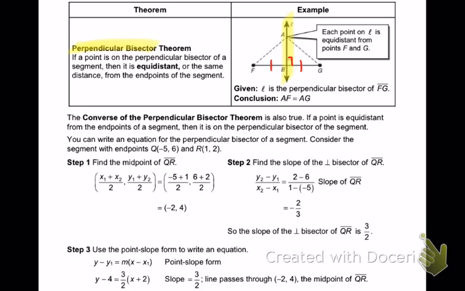If a point is on the perpendicular bisector, then it is equidistant from the endpoints of the segment. So everything along this line is equidistant to the endpoints. It's kind of unique. We're going to focus on this part tomorrow, kind of doing those equations.